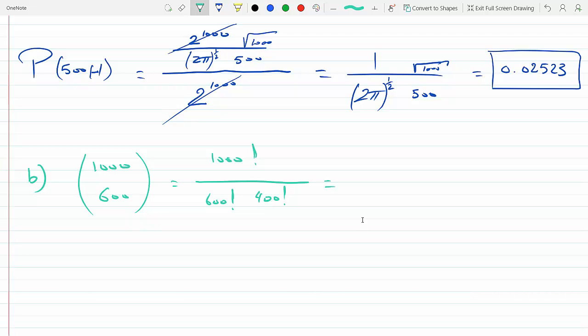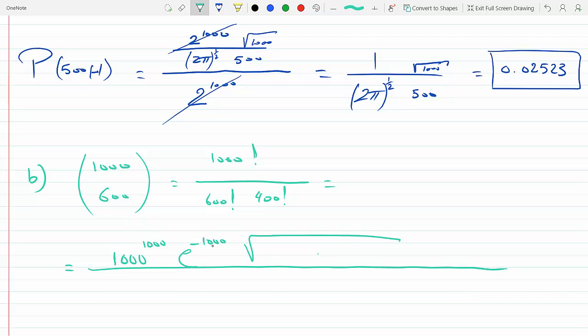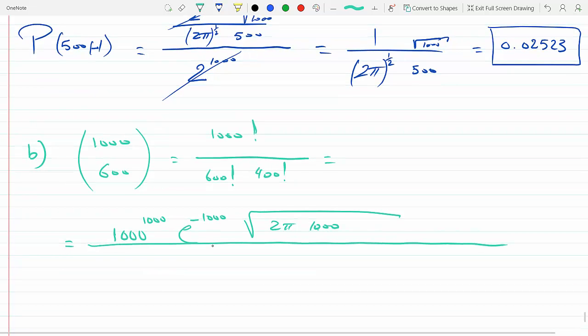Let's actually continue here, because this might be a long one. 1000 to the 1000 times e to the minus 1000 times square root 2 pi 1000. Okay, and then same thing on each one of these, except replace the 1000 with 600, so we get 600.